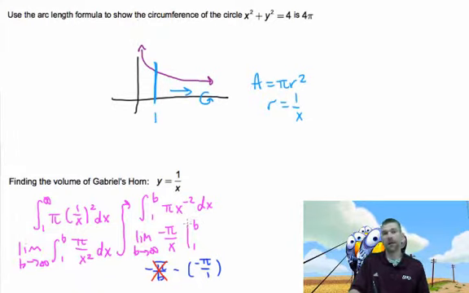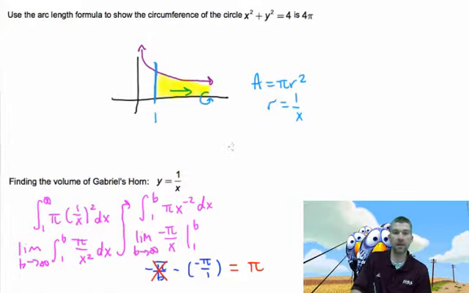All right? And so what happens is the area under this curve, which is referred to, believe it or not, as Gabriel's horn, so this area right in here, actually has a finite volume. And that finite volume is going to be positive pi.